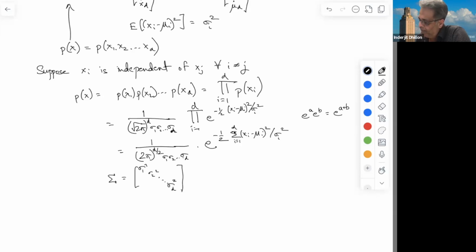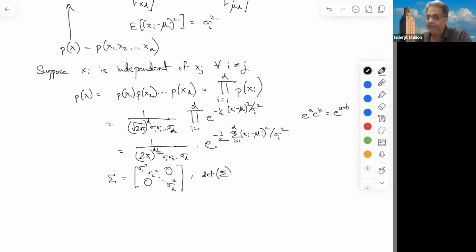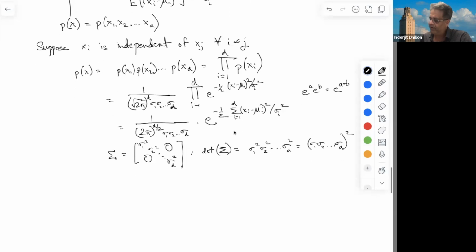So it's a diagonal matrix with the variances on the diagonal, and everything off the diagonal is 0. What is the determinant of this matrix? It's the product of the diagonals. So it's sigma 1 squared, sigma 2 squared, up to sigma d squared. So it's sigma 1, sigma 2 times sigma d, all squared.